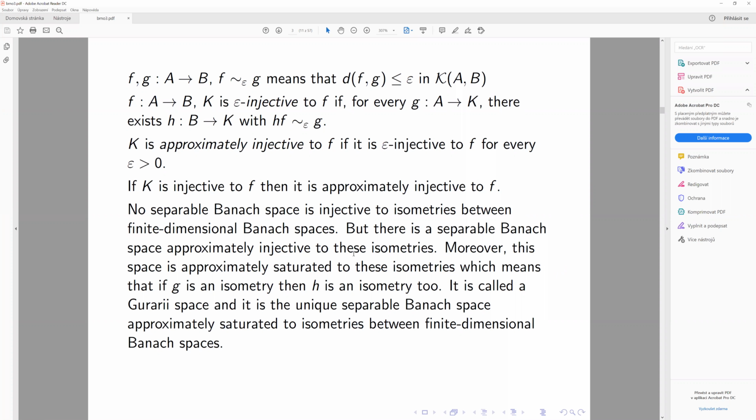Walter Tholen, some years ago, we started to look at this phenomenon from the point of view of category theory, enriched category theory. And now this work with Adámek is a continuation and further development of this.